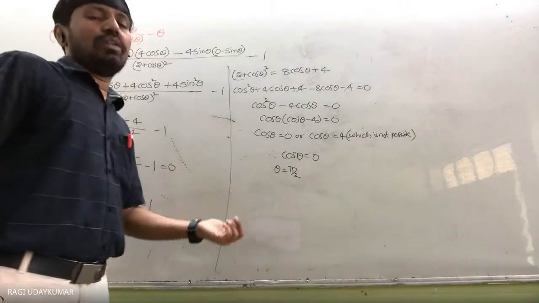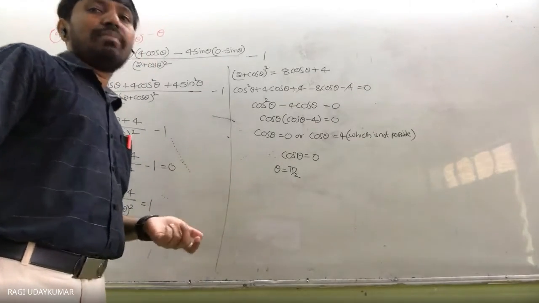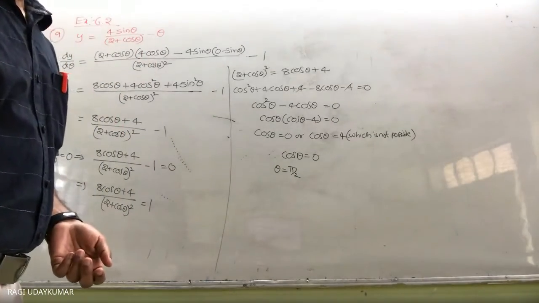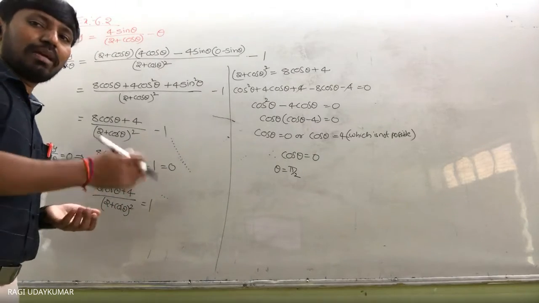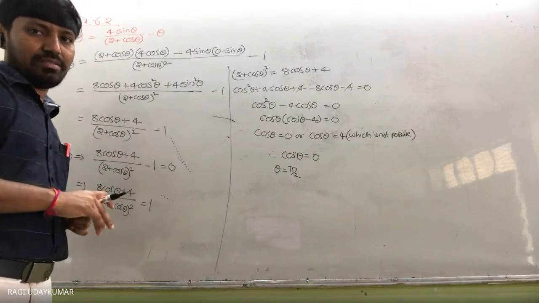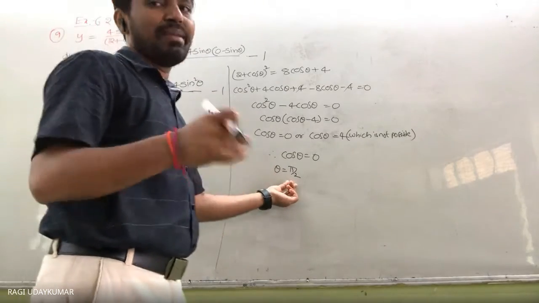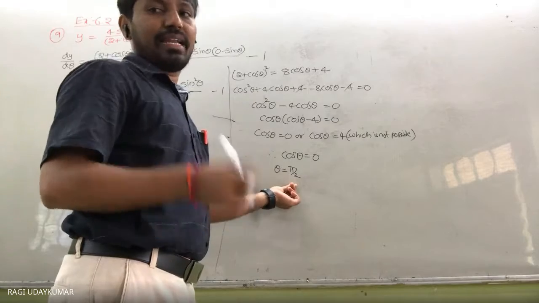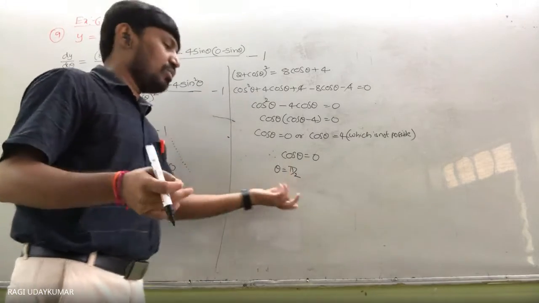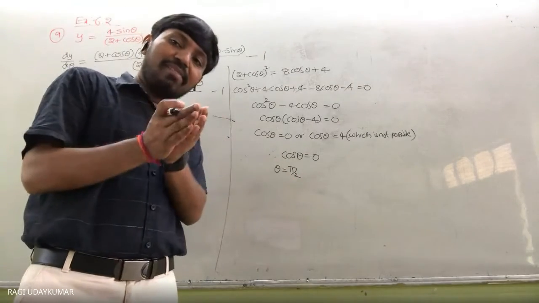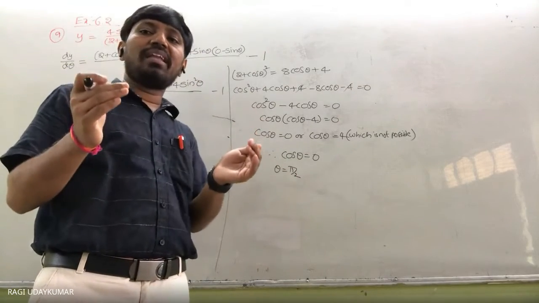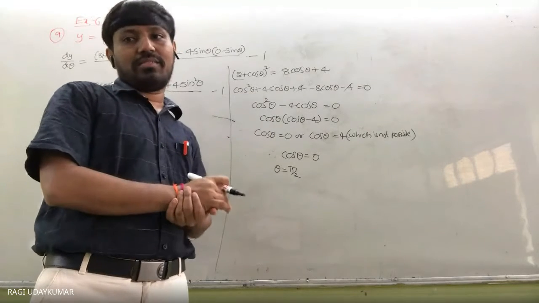In the given interval 0 to pi by 2 का interval में ही check करना. So this is an end point, given 0 to pi by 2, so there is no breaking point. Suppose this point is getting pi by 3, next coming problems में आ जाए, that I will explain to you. If you are getting pi by 3, then pi by 3 will divide the 0 to pi by 2 interval into two intervals.